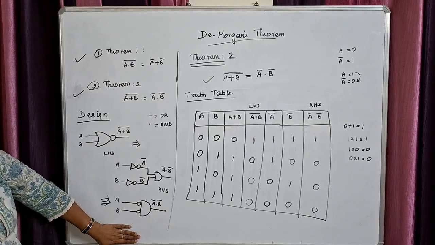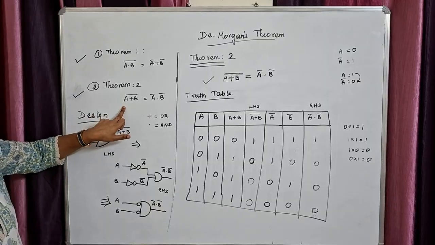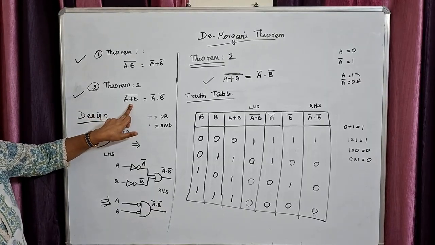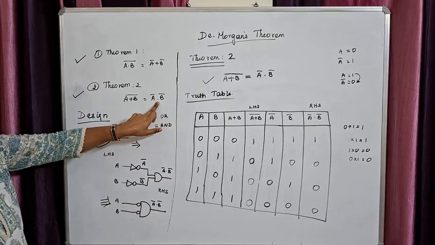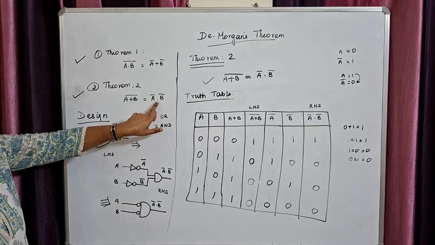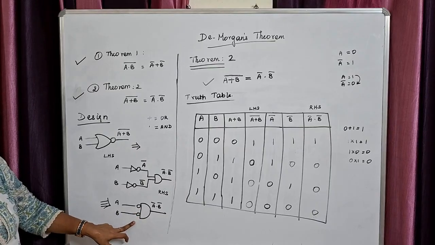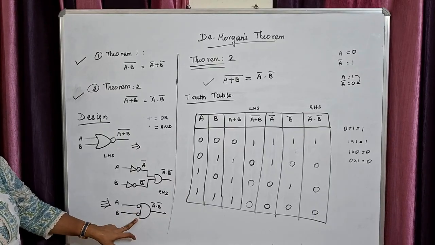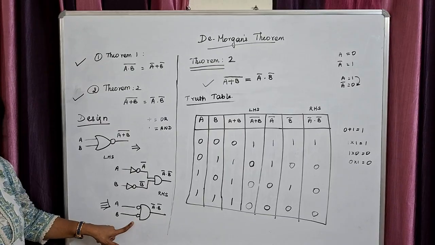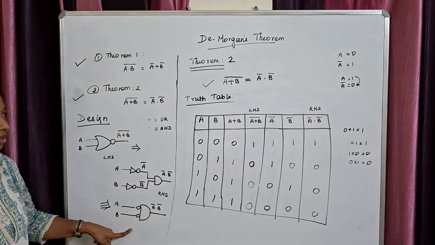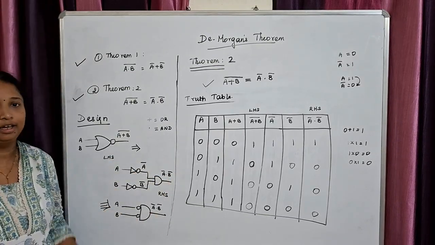Right? Similar way for theorem 2, NOR gate is equal to AND gate with negated input. Is it clear? Negated meaning it is inverted input. That is, you have a bubble on both your inputs. Understood? Is it clear? This is all about theorem 2.